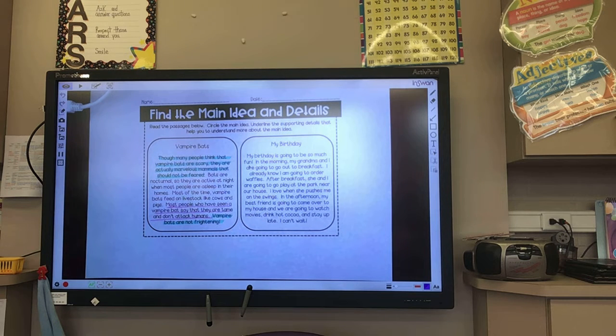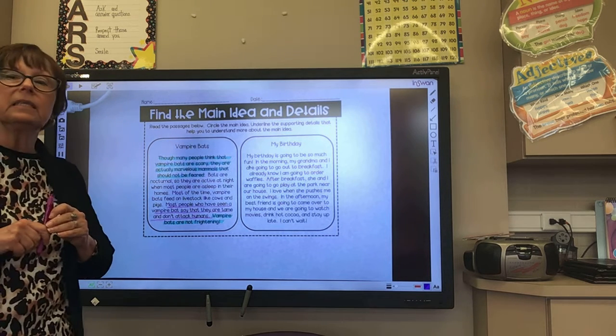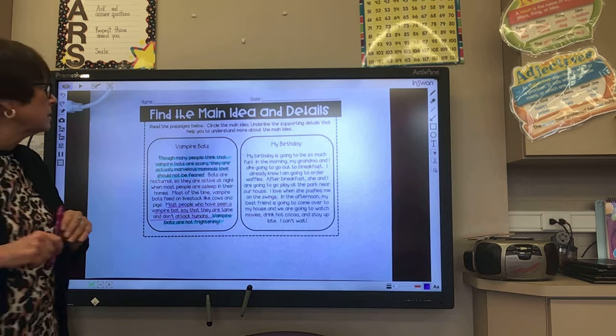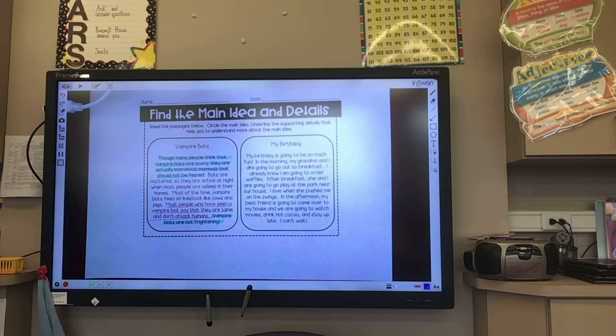Any other sentences that support our main idea? Who else sees a sentence? Maybe I need to underline it in something darker. I'm going to underline that in that.